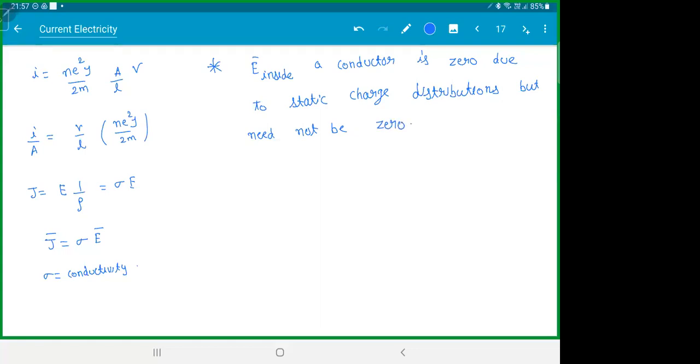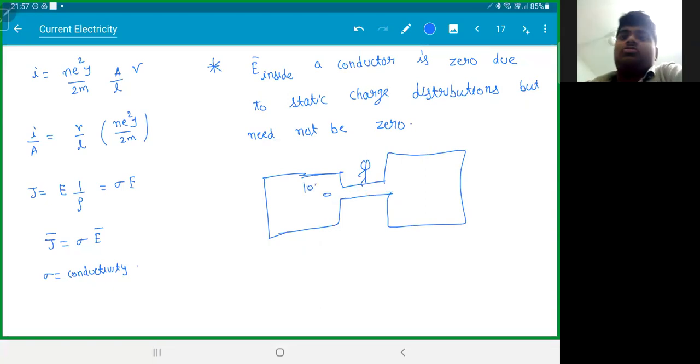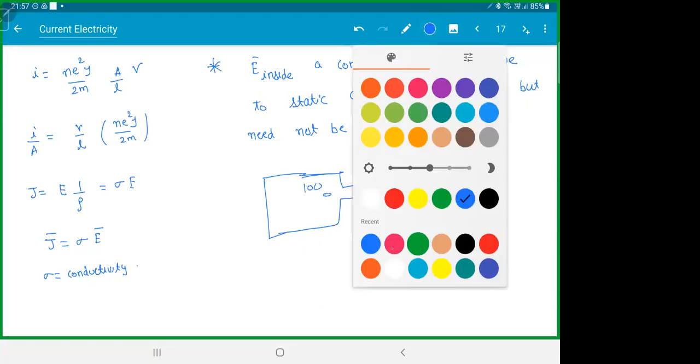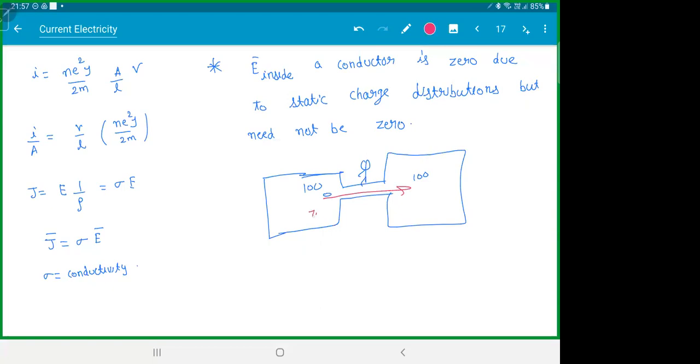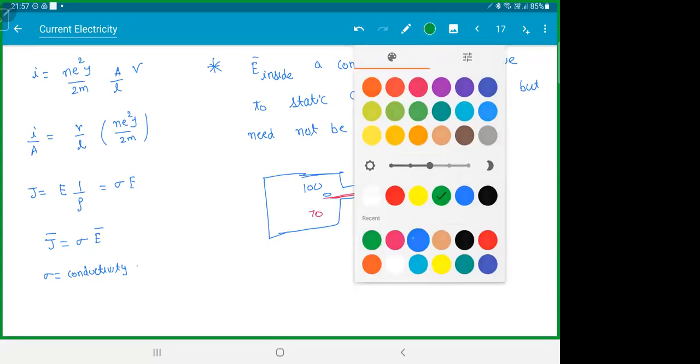You know why this is happening? I'll just give a crude example. Remember this story? Let's say there are 2 rooms, and you're standing here and throwing people from one room to another. You remember the story in Gauss law, charge distribution? Let's say initially here there are 100, here there are 100. If you throw 20 people here, this becomes, let's say, 70 and this becomes 130. If you're trying to push them, they will try to resist you.